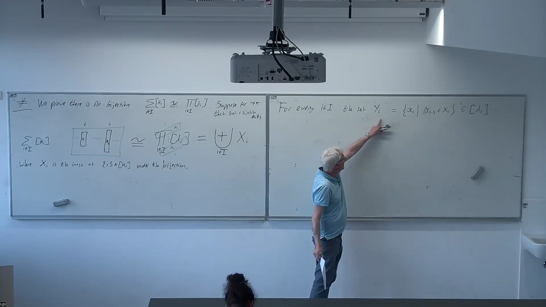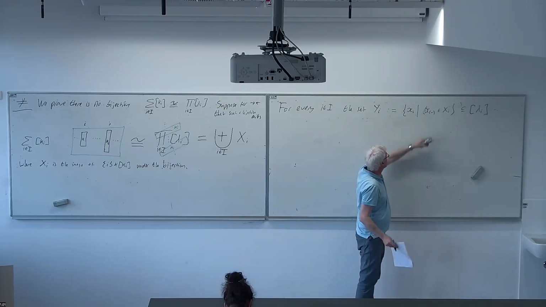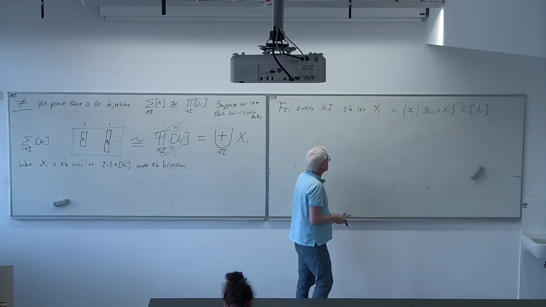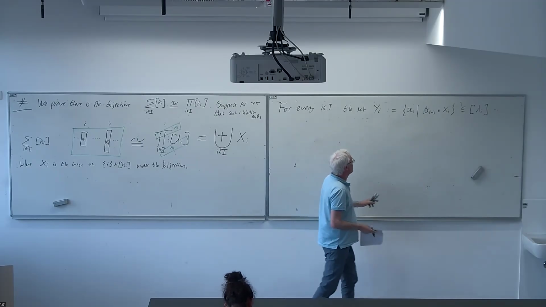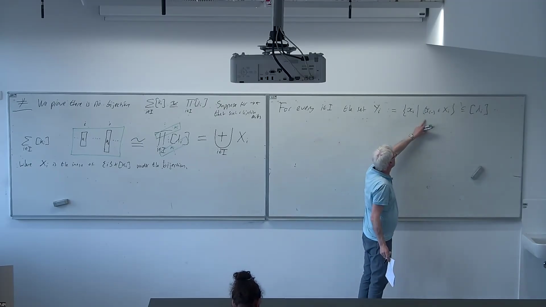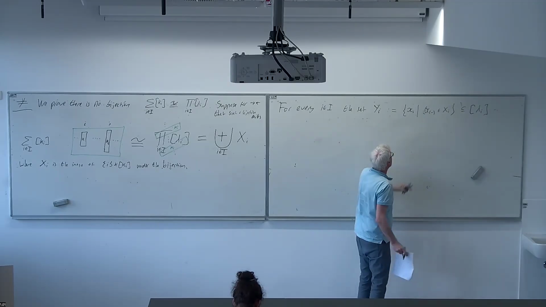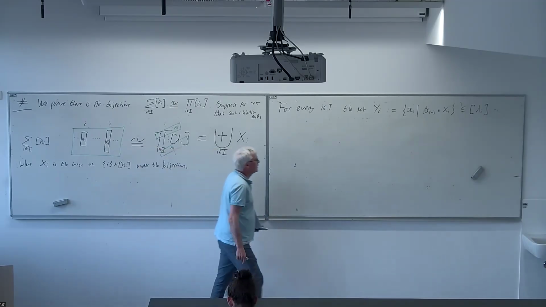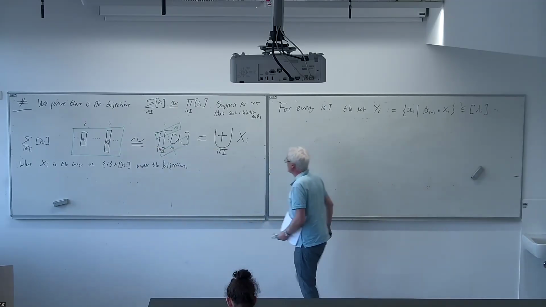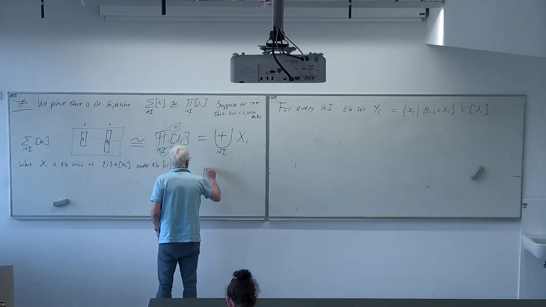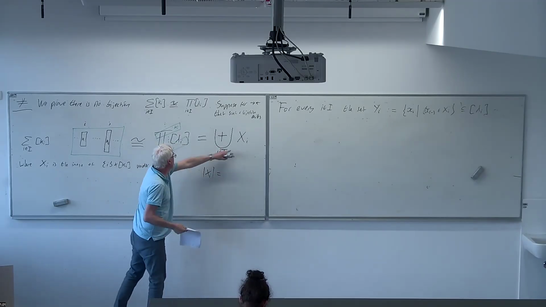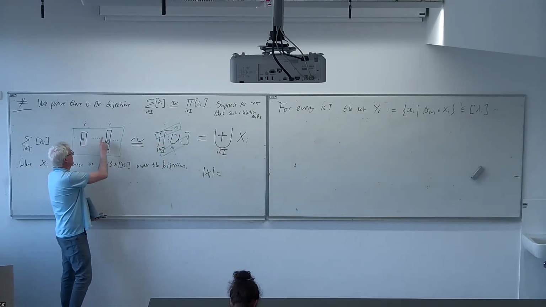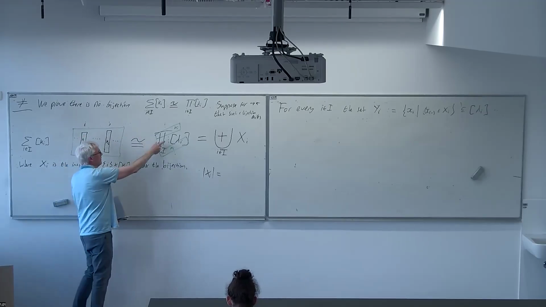But this set, because it's... so the set xi, I should have mentioned this, each xi here is obtained by transforming the block of kappa sub I under this bijection and seeing where it lands here.